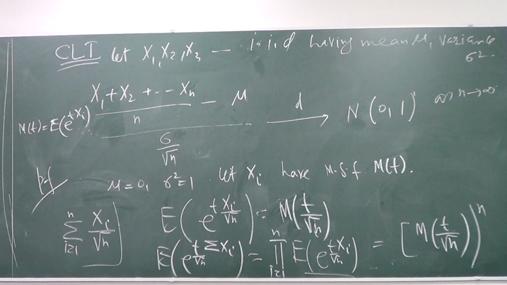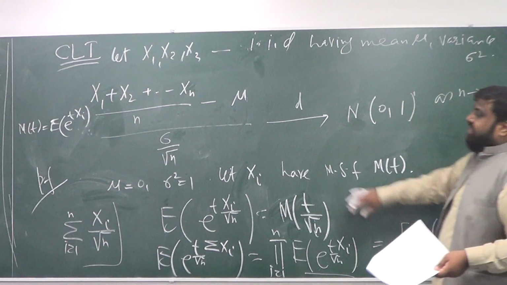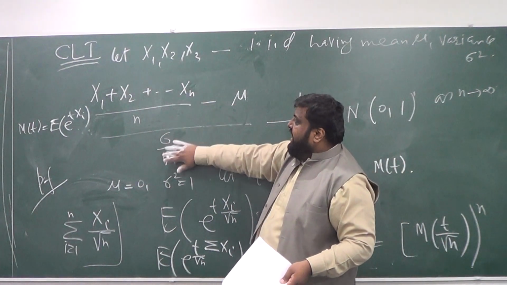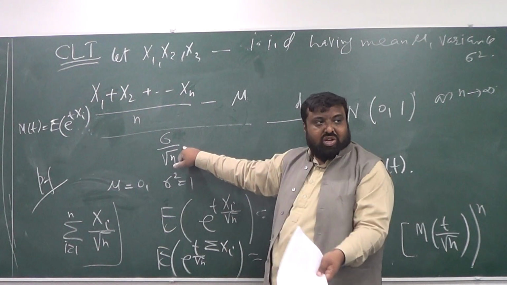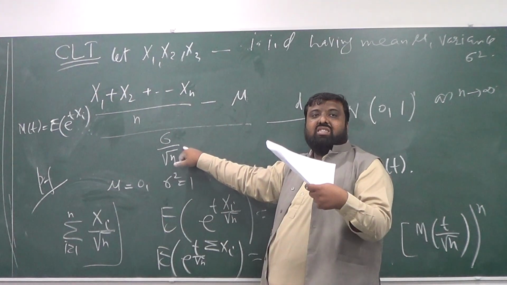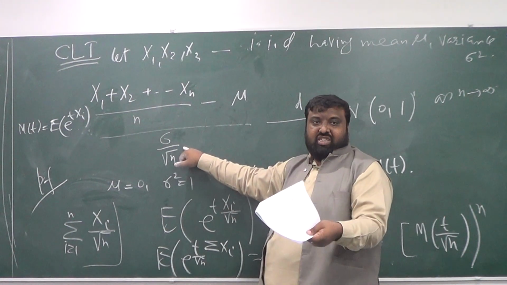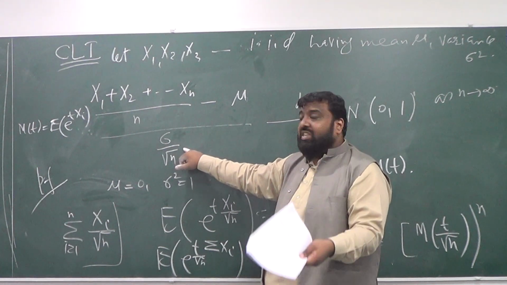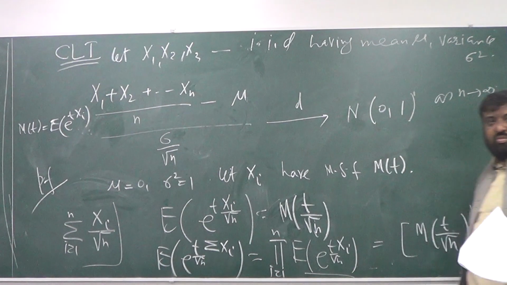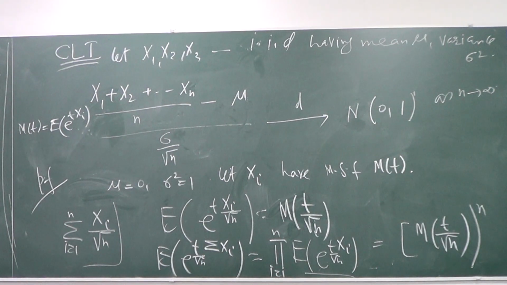I want to show that the moment generating function of this guy, with mu 0 and sigma 1, is converging to the moment generating function of a normally distributed random variable. Okay. So that's my task actually.